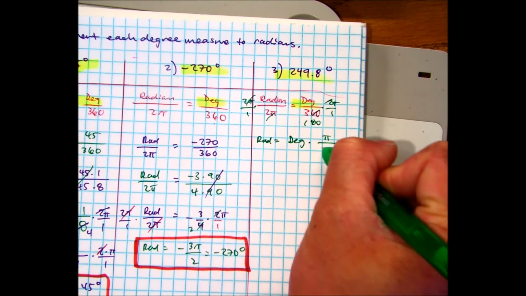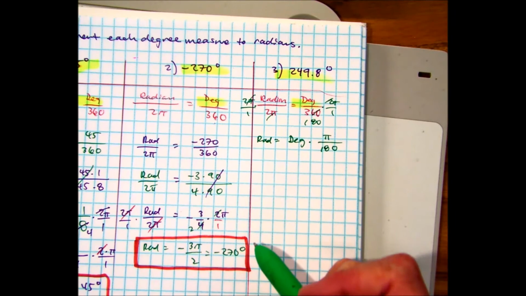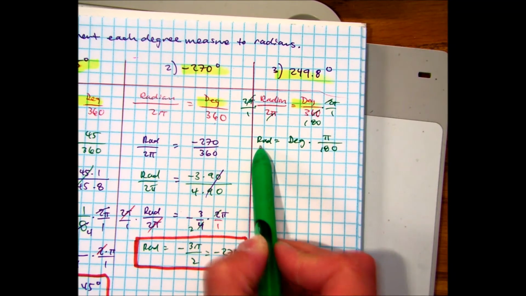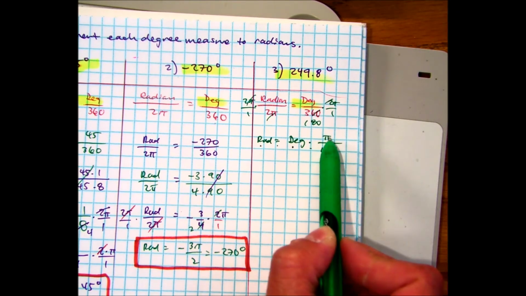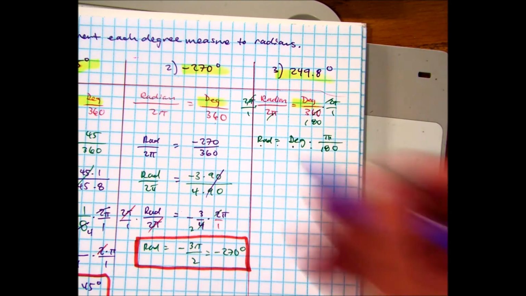So here is another formula you could use. 5 years ago I used it. The reason why I don't use it is because it's 2 formulas you would have to memorize, and the awesome proportions is 1 formula, and I think it makes more sense. To get radians, you could take your degrees and just multiply by pi over 180. It works. And I just showed you how I derived it.